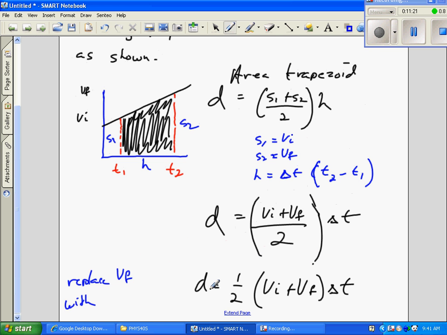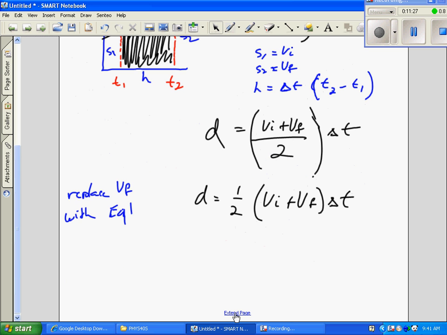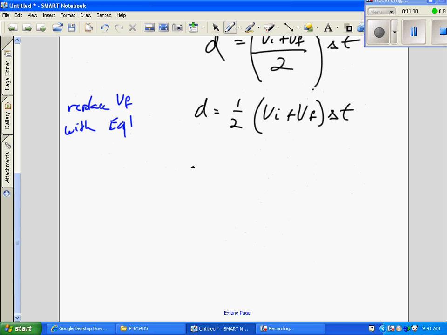Replace VF with equation 1. So it's going to read D equals 1/2 of VI plus, and I'll do this in red for you. What's equation 1? VI plus AT, right? And I'm just going to conveniently forget to put the delta when I put my T down.